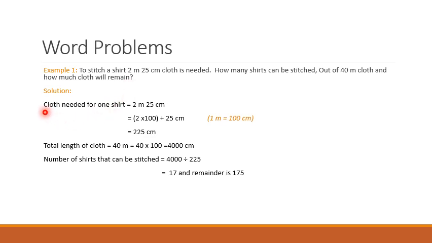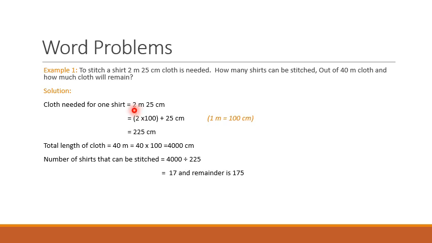Now to stitch one shirt, the cloth needed is 2 meter 25 centimeter. So here it is mentioned in two different units. So we will convert the units and make it in one single unit. It's always easier to convert into smaller units.